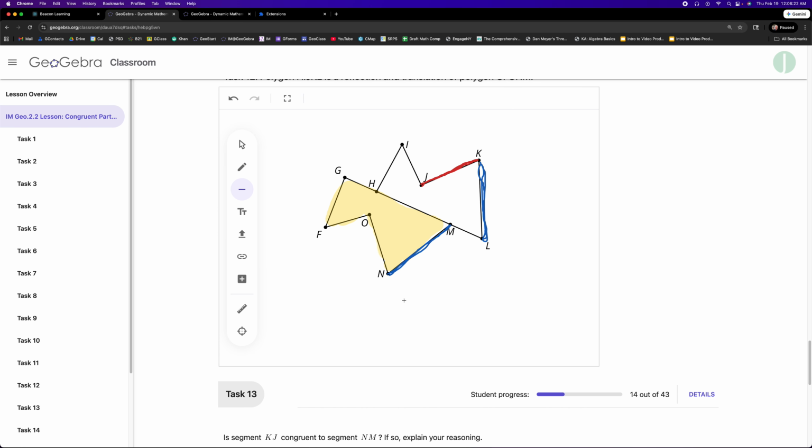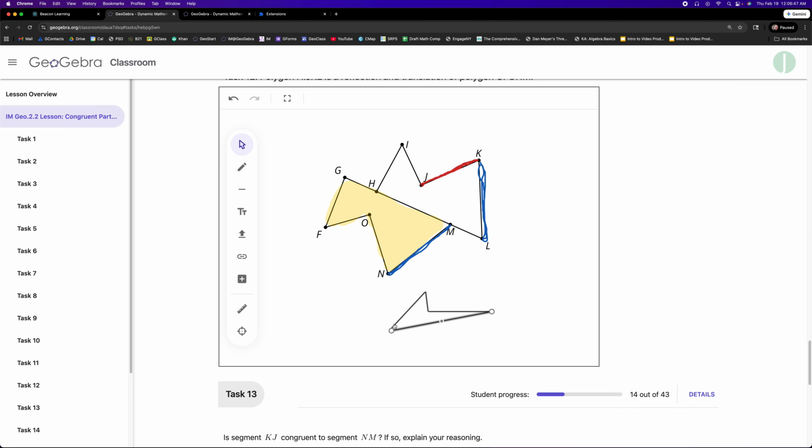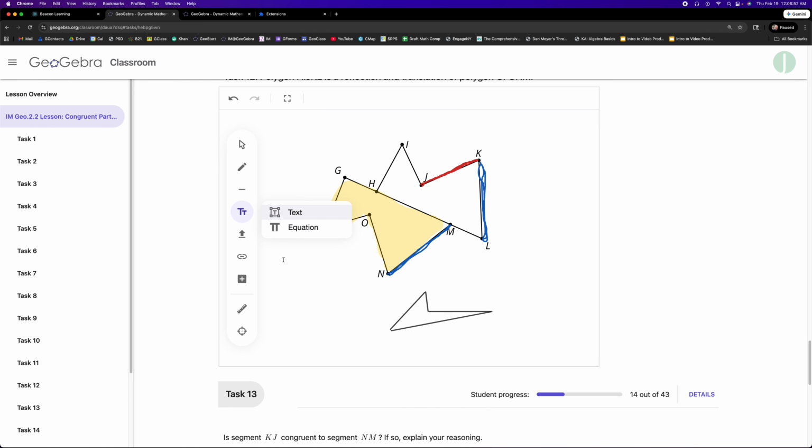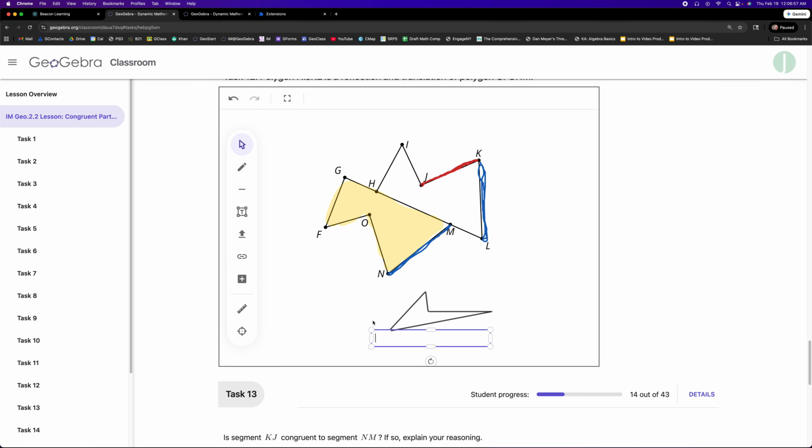I'm going to go like this, and then like this, and then like this, and then like this. Okay, great. And what I'll do is I'll put in P.